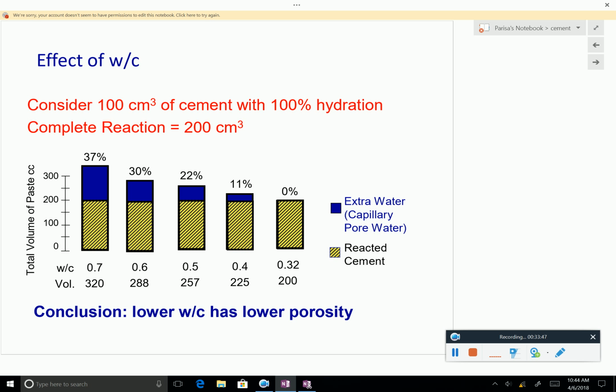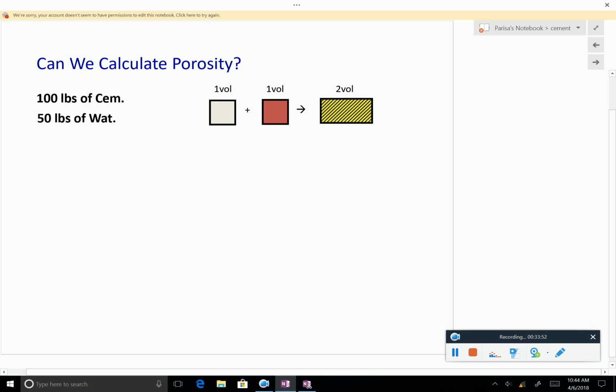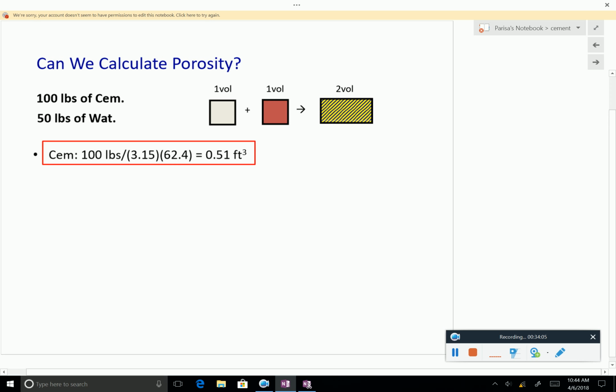Going back to our water-cement ratio of 0.5, we have 100 pounds of cement mixed with 50 pounds of water. How do we get the porosity? Well, let's calculate. We know that the porosity is based on volume. So let's calculate what that means. If we have 100 pounds of cement, how much volume of cement is this?